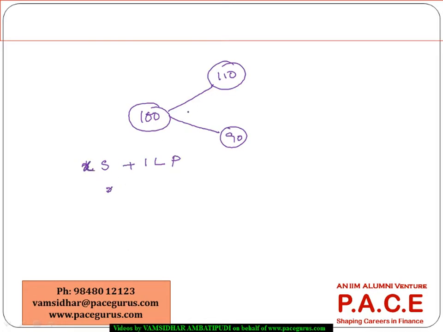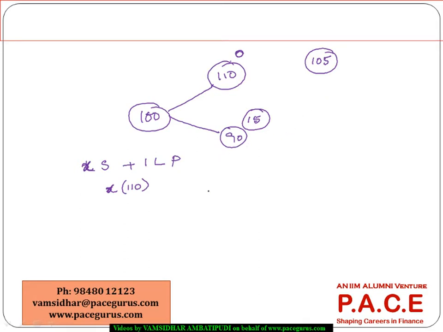If the stock price goes to 110, then X times 110 is going to be the benefit. And if the put option is available at 105, in this case the put option will go worthless, so it gives me a payoff of 0. Whereas in this case the put option gives me a payoff of 15, because the stock price is 90 and I am long on the put.